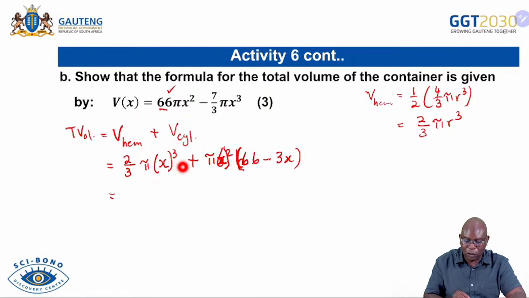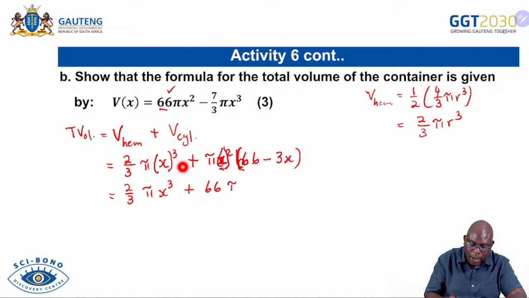So now, how am I going to multiply this out? I'm going to have 2 over 3 pi x cubed plus, now remember, I've got an x squared here, so I'm going to multiply it inside the brackets. I'm going to have 66 pi x squared.